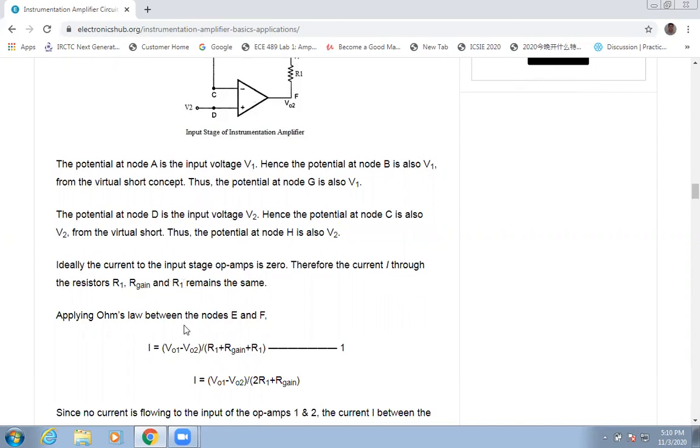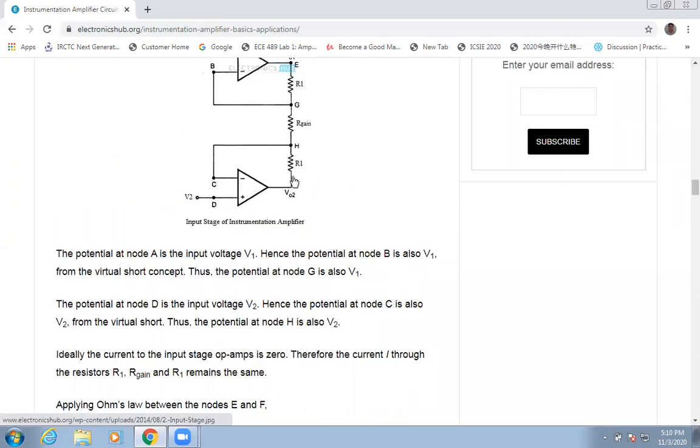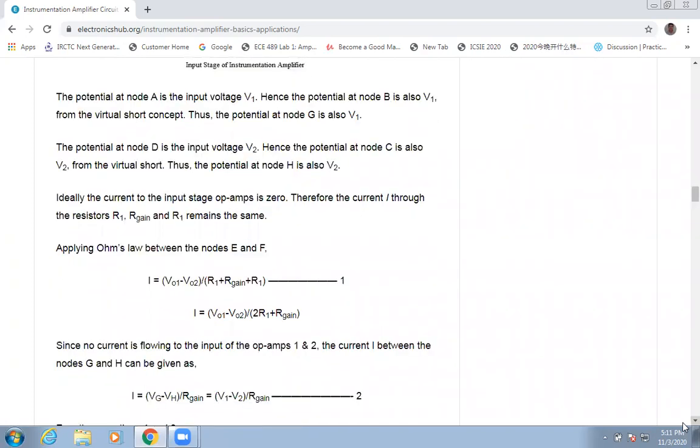Now we will apply Ohm's law between the nodes E and F. Applying Ohm's law, we obtain I is equal to V01 minus V02 divided by R1 plus R gain plus R1.